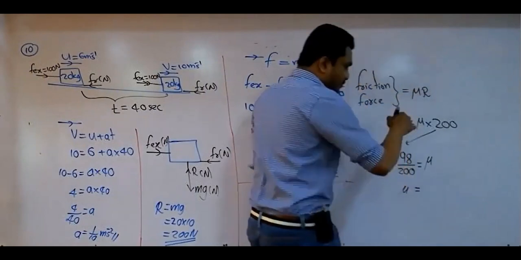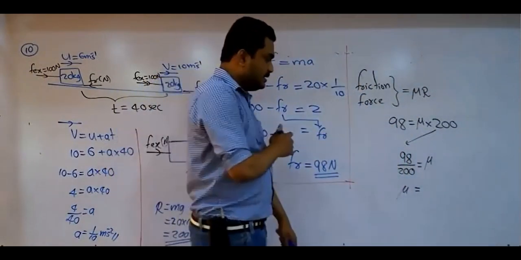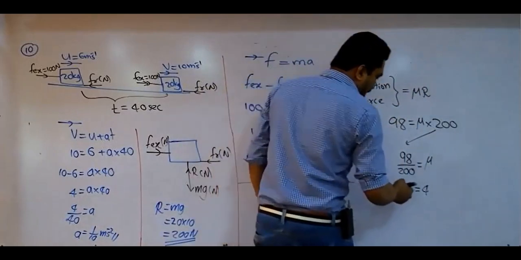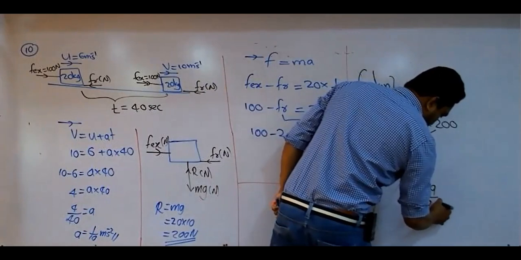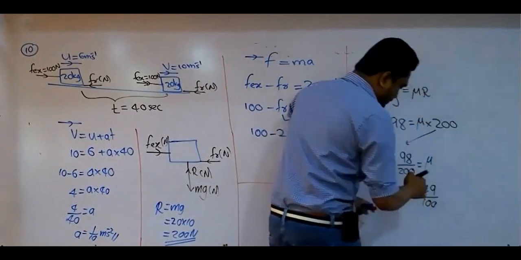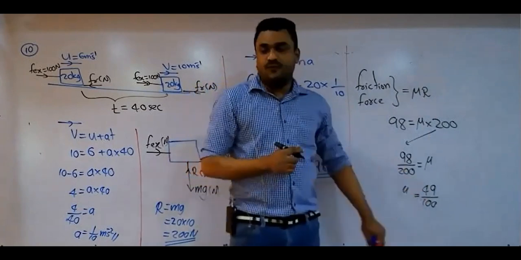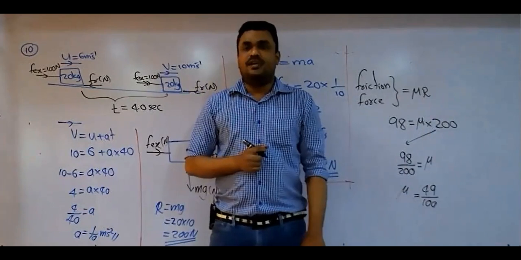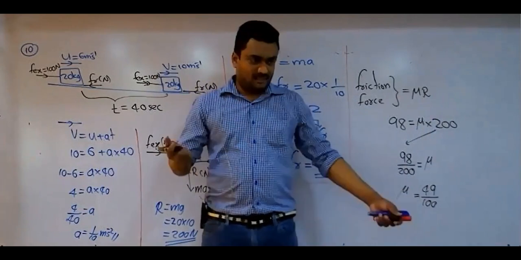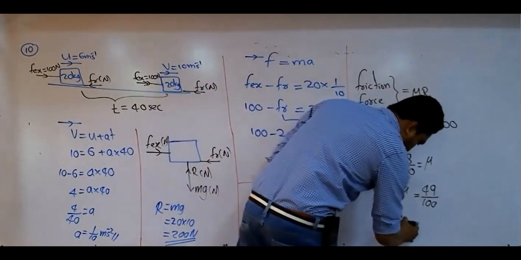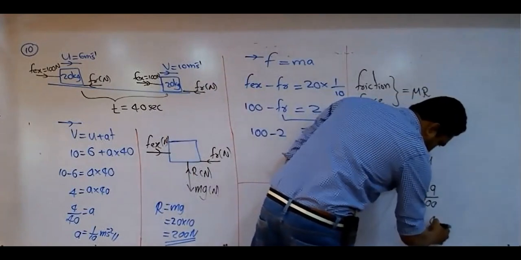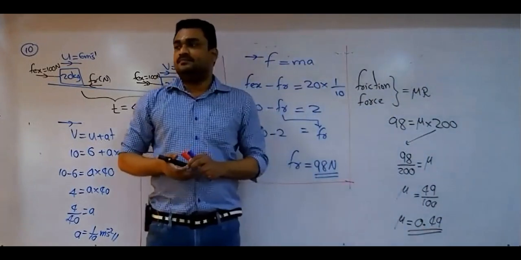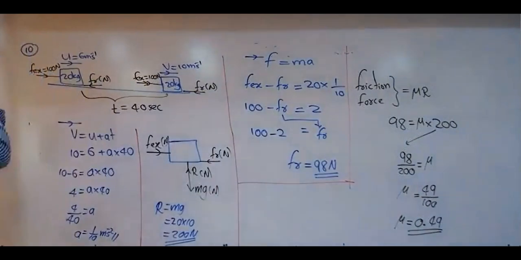What is 98 divided by 2? 49. 200 divided by 2 is 100. 49 divided by 100 is 0.49. So mu equals 0.49. No units. That's it. Who got this answer?